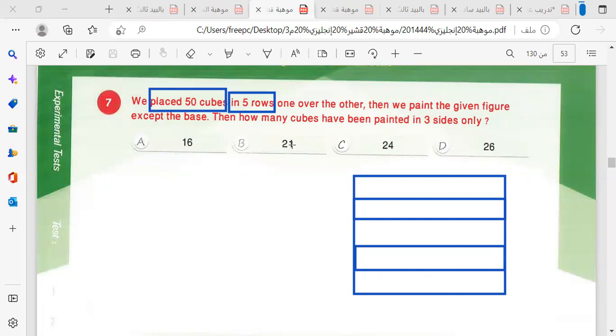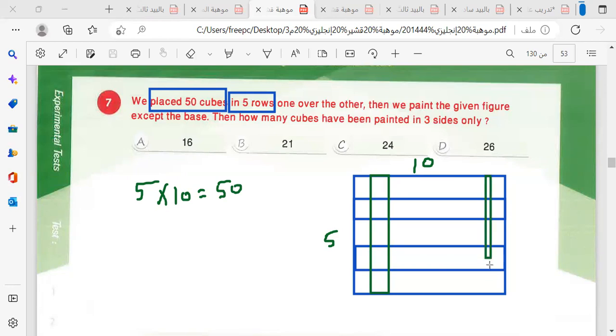So how many columns? Because we need 50 cubes, it will be 10, right? Because 5 times 10 equals 50 cubes, right? So now we also divide this in 10, like this, also like this, 10 here, and so on.